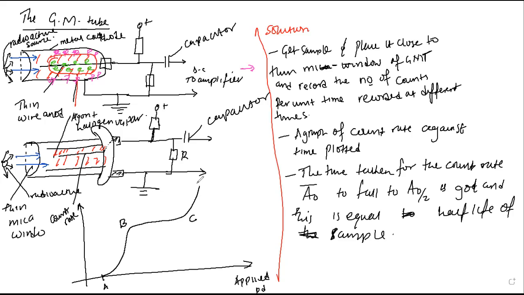Hope you've seen such a graph. So there is a PD here, which we normally call the threshold PD.